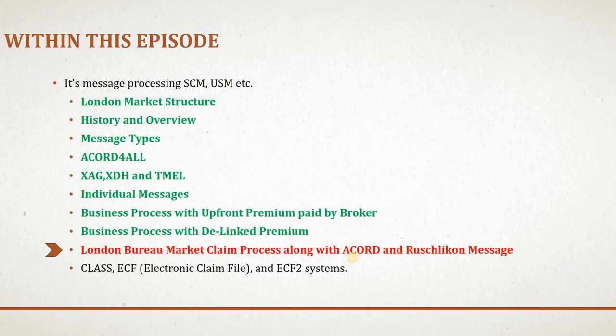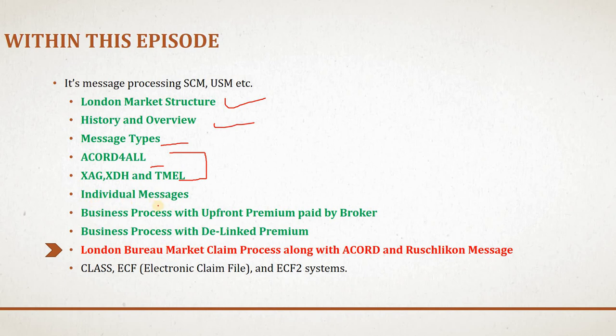Within the London bureau market messages, so far we have covered the London market structure, the history and overview, and the various message types. Then we also touched the infrastructure related to messaging within the bureau market, which covers ACORD for all and XAG, XDH and DMEL, which is the Messaging Exchange Limited.